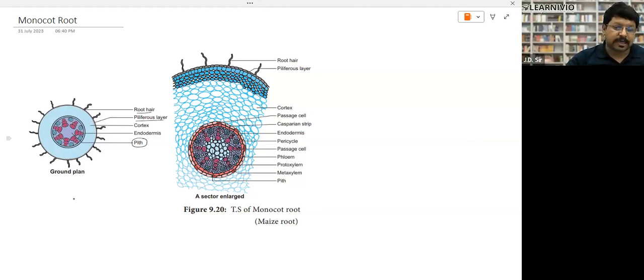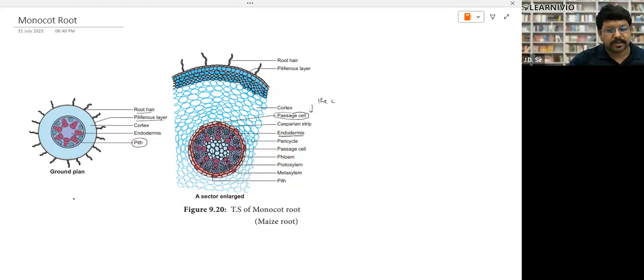Again, in the large diagram, the root has a piliferous layer and cortex, and passage cells, obviously. Look, the Casparian strip is in the endodermis. In the endodermis, there are certain cells which do not have a Casparian strip, and the water flows through them, right? They are called passage cells.